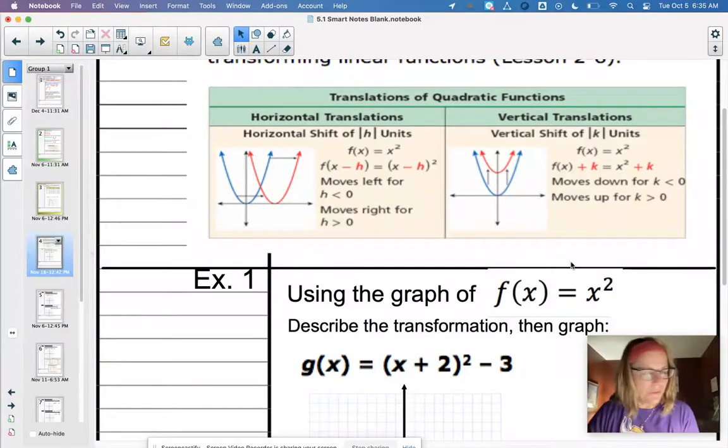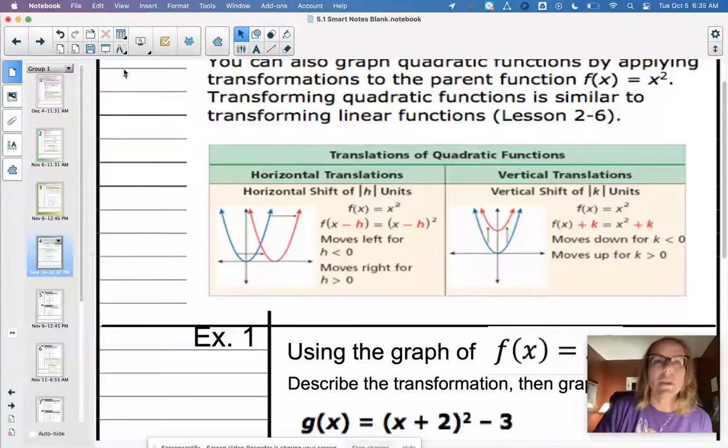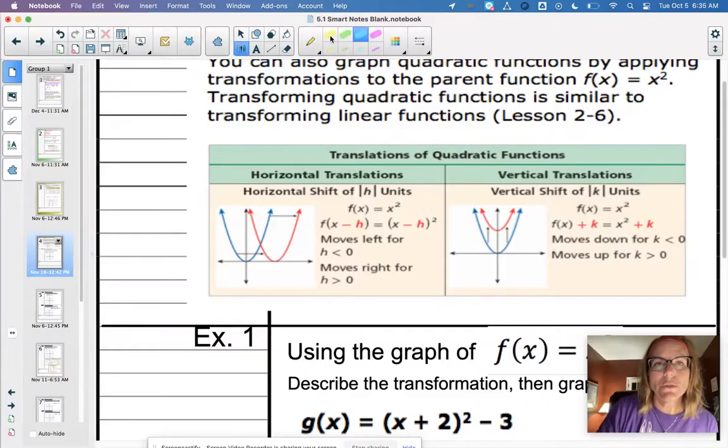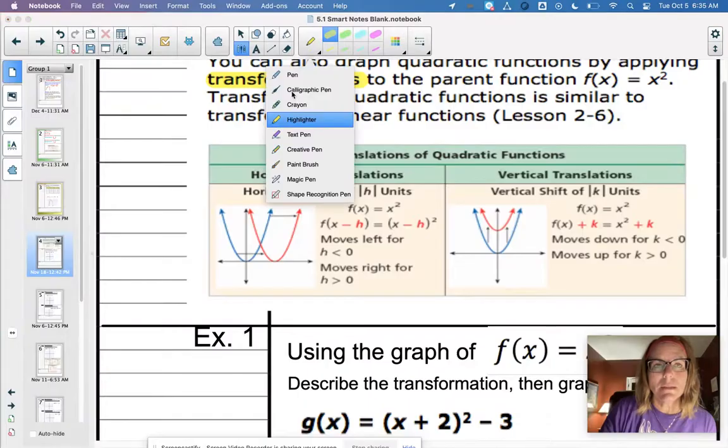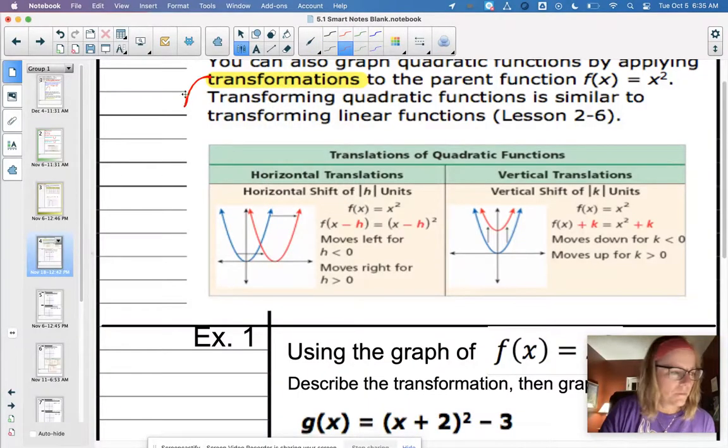I'm also going to write a few things here that I skipped over that I want to make sure I add to the notes really quick. Transformations. What that means. Let's draw an arrow. That means we are moving, changing a function.